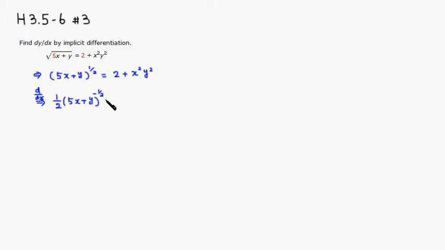Then multiply by derivative of inside, which is 5 plus dy over dx, or we can use y prime if we want. So let's try y prime. And then derivative of the right hand side is going to be, derivative of 2 is 0.